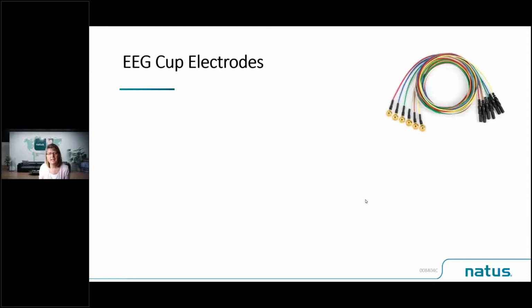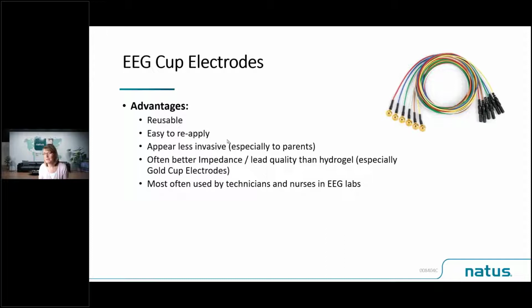If we move on and think about the cup electrodes, again we'll look at the advantages and disadvantages. So cup electrodes, advantages, they're reusable. So we have a box of cup electrodes and we clean them and sterilize them, and we can use them again for the next patient. They are quite easy to reapply, with more conductive paste underneath. Again, because it's something stuck on the baby's head, they may appear less invasive to parents.